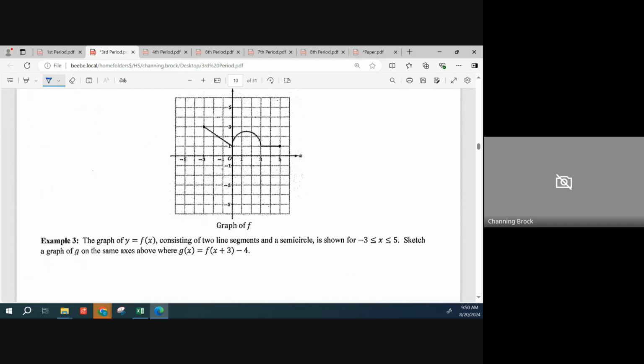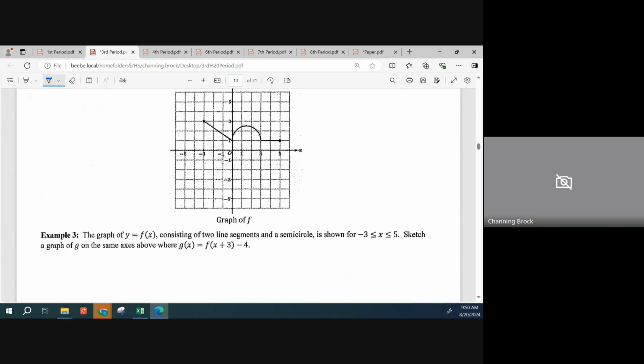We are using this graph here. So it says the graph of y equals f of x consists of 2 line segments and a semicircle. So we can see that there. And it shows its domain. So it says it goes from -3 to 5. And then it says sketch a graph of G on the same axis, but with the given transformation.